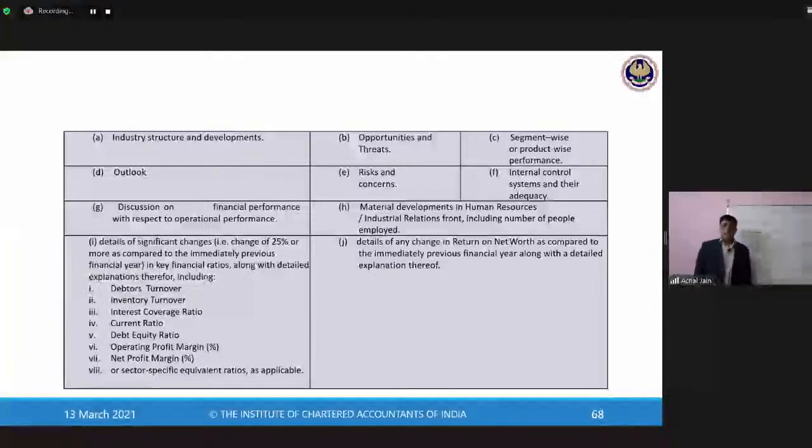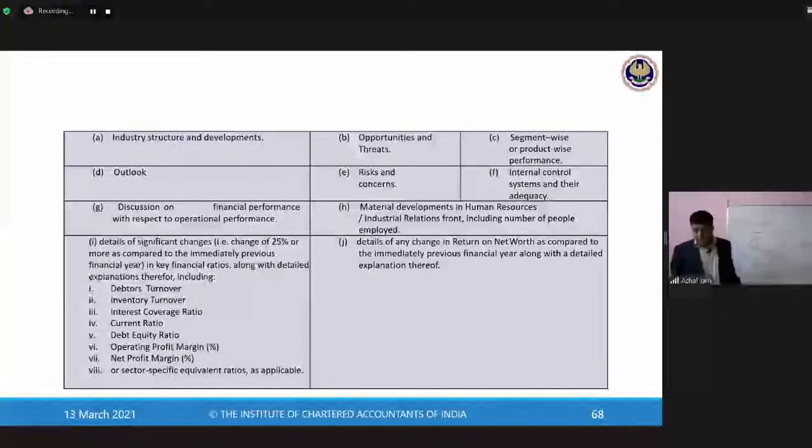details of significant changes. Now, what could be those significant changes? Change of 25% or more as compared to immediately preceding financial year in key financial ratios. For example, debtors turnover ratio, inventory turnover ratio, debt equity ratio, net profit margin ratio, current ratio.